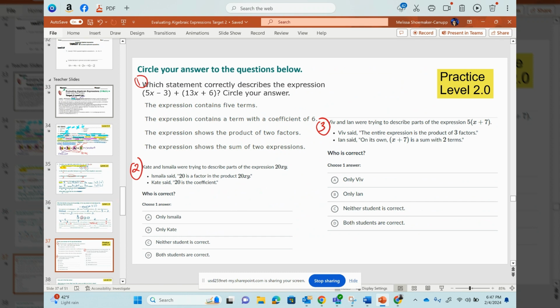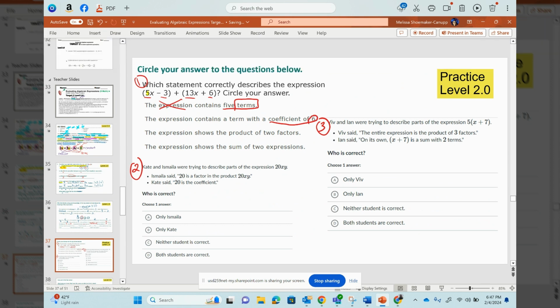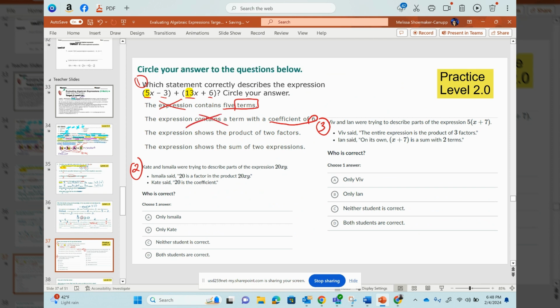So the first thing I want to say is let's look for some vocabulary. Terms. I see 1, 2, 3, 4 terms. So we know that's not true because that says there's 5. Is there a coefficient of 6? Well, let's highlight the coefficients. Remember, they are the numbers being multiplied times the variables. So there isn't one that's a 6. We've got 13 and 5.